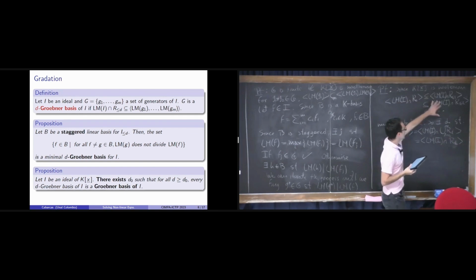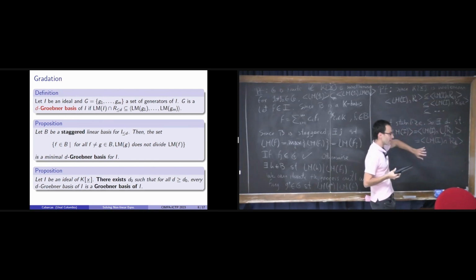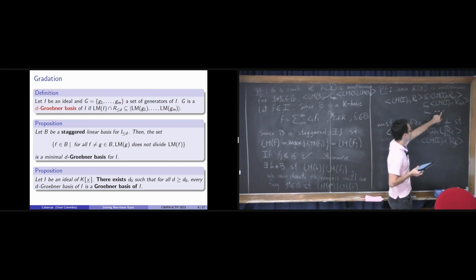Because this chain cannot grow forever, there must be a point where it stabilizes, and for that D0, you get this equality here. You get that union, everything else, you don't grow anymore. You get everything you can get up to R sub D0.